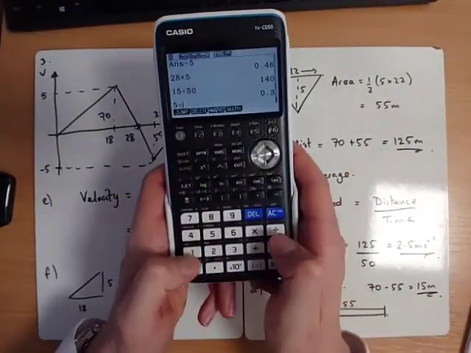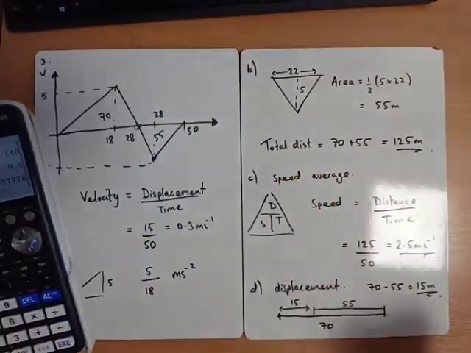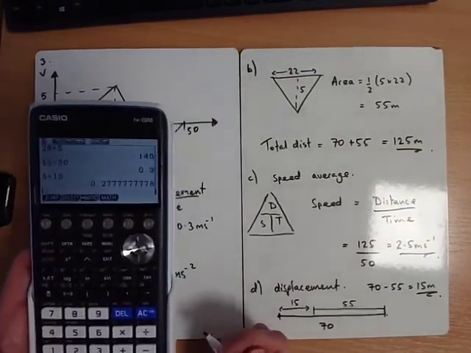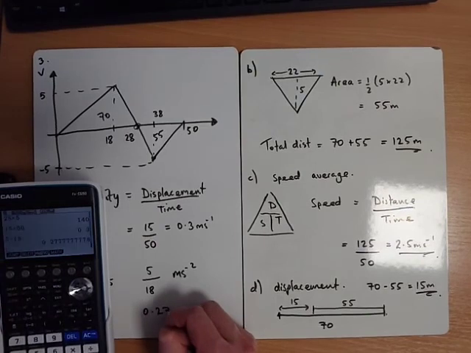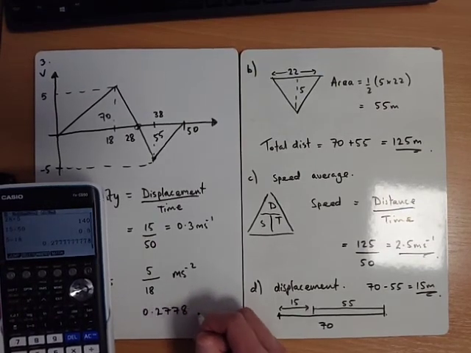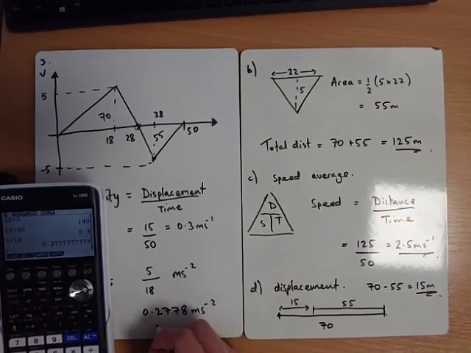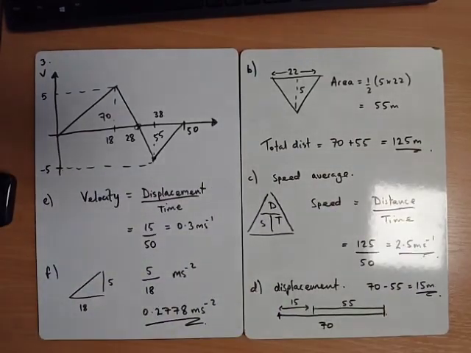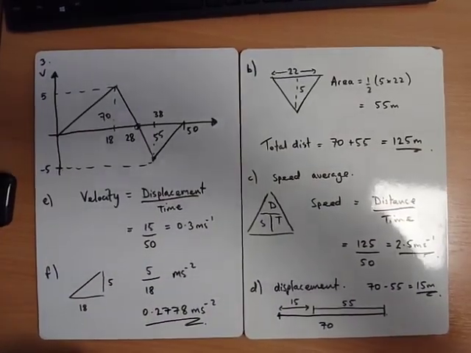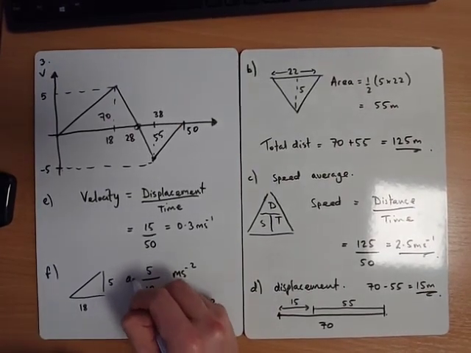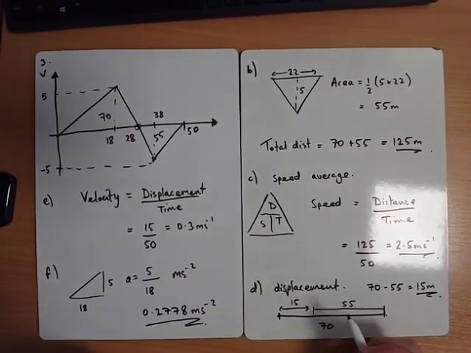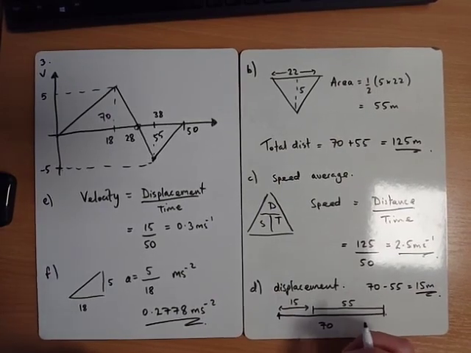We could also write that as a decimal. It's probably easier if we write it as a fraction, it's more accurate. But I think the mark scheme might use a decimal, so it'd be 0.27 recurring. I've just checked the mark scheme and it accepts either. It's probably better to leave it as a fraction, to be honest. If you are going to write it as a decimal, just make sure you use at least 4 significant figures.